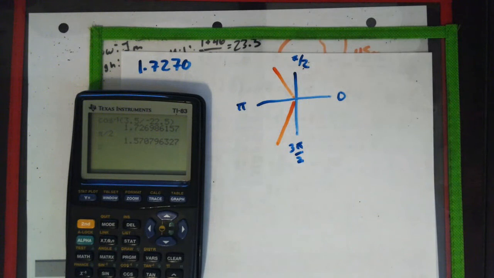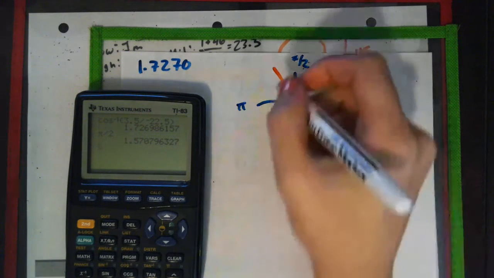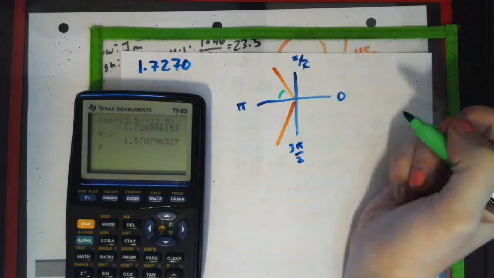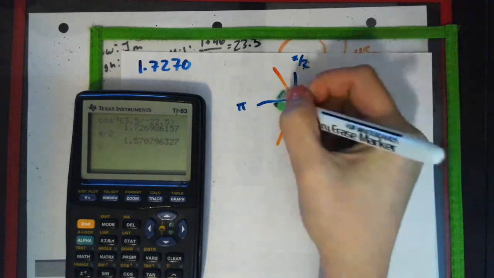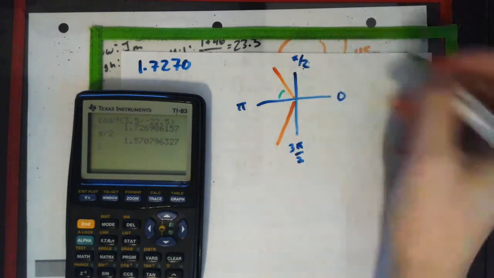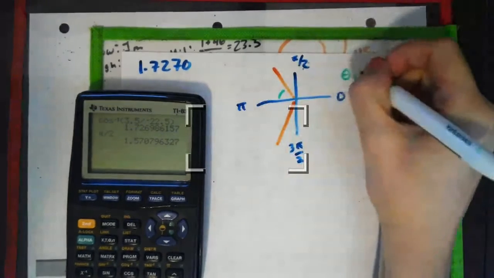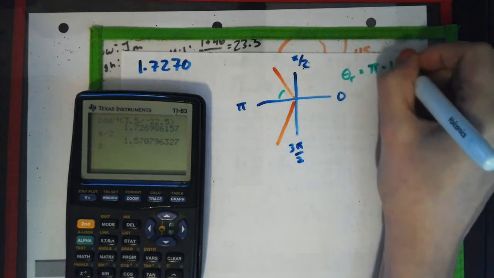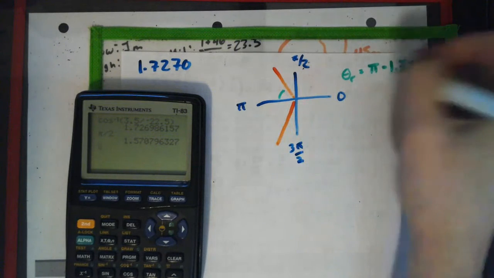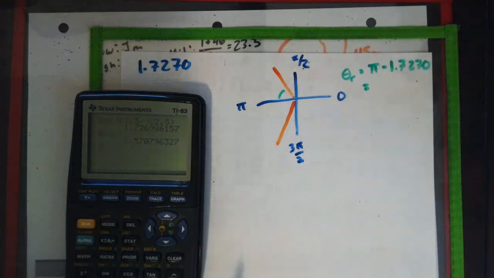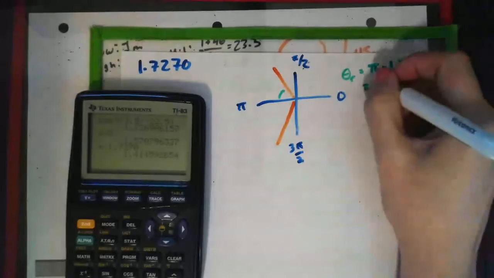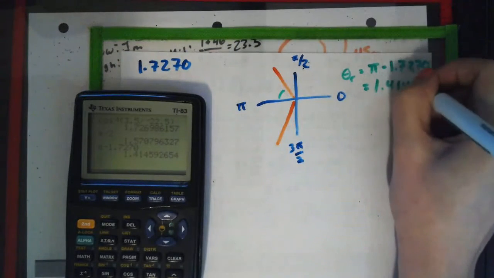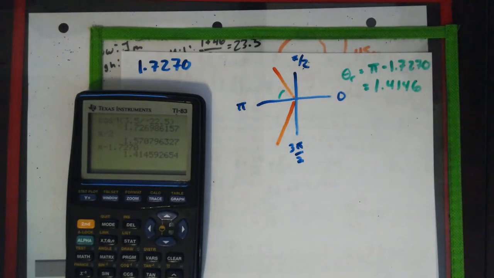To find my quadrant 3 answer, I need to find my reference angle. To find my reference angle, I take 2 pi minus what they gave me. Or sorry, pi minus what they gave me. So my reference angle is pi minus 1.7270, which is 1.4146.